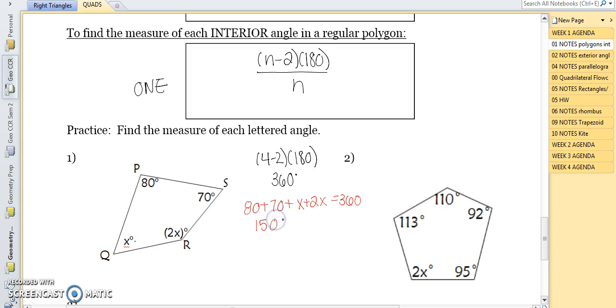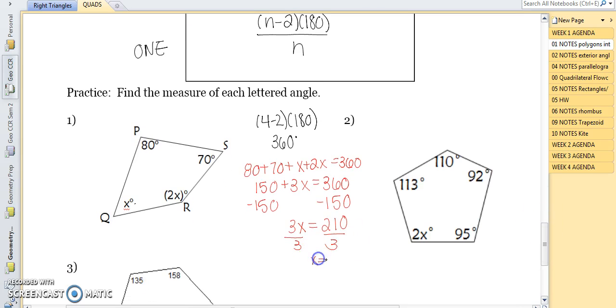So we get 150 degrees plus 3x is equal to 360. We can then subtract 150 on both sides. When we do that, we get 3x is equal to 210. Divide both sides by 3, and we get x is equal to 70.